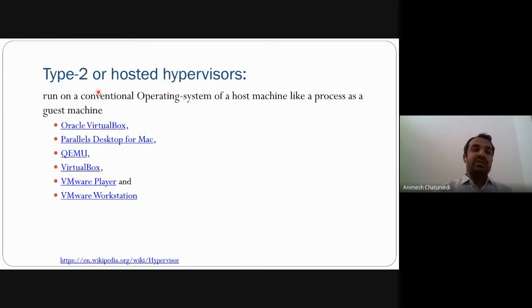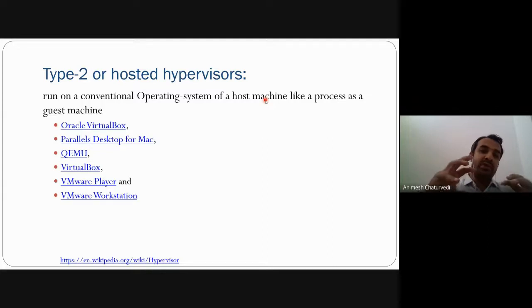Then there's the type 2 hypervisor, which has a conventional way: a conventional operating system is installed on your hardware. Suppose a laptop, so the Windows operating system is installed, and then you want to install a guest operating system like Ubuntu on it. So first you install VirtualBox, or you install VMware.